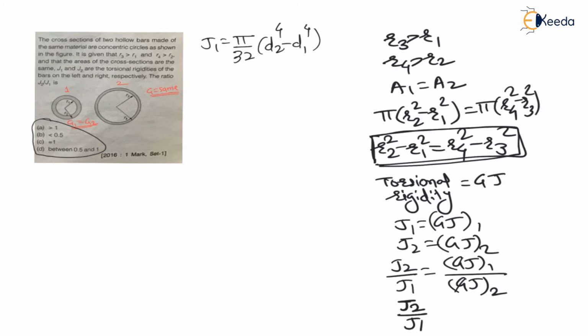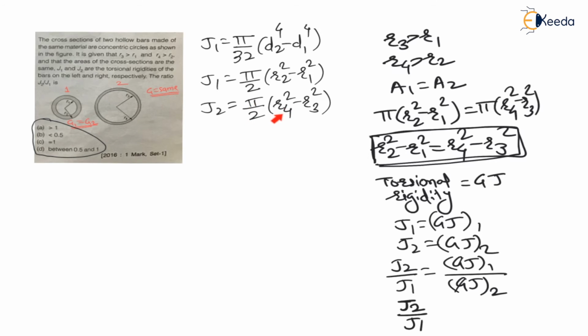In terms of radius, J1 will be equal to pi by 2 (R2 power 4 minus R1 power 4). Similarly J2 becomes pi by 2 (R4 power 4 minus R3 power 4). That is pi by 2 (outer radius power 4 minus inside radius power 4), right? In terms of diameter, pi by 32 there will be, right?